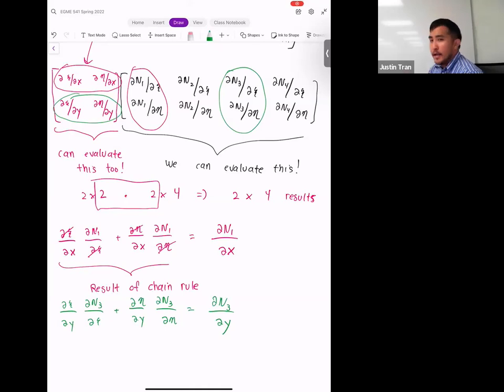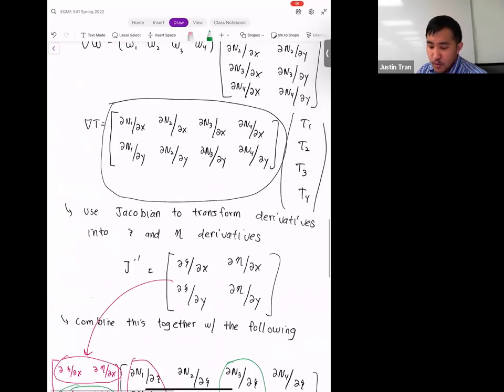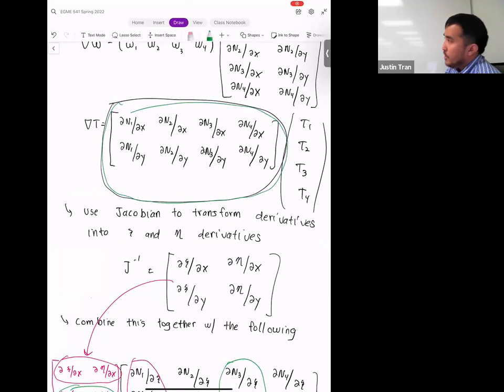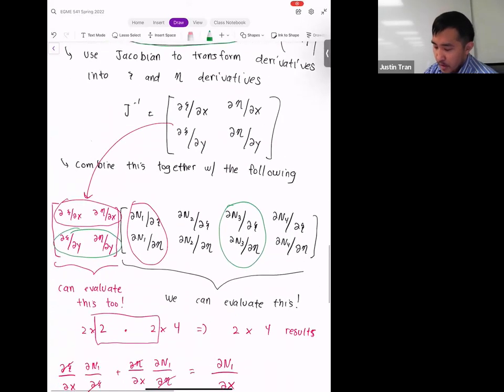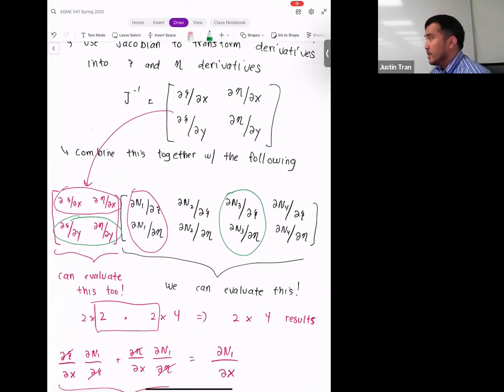And so what we can say is that this multiplication of these two quantities, the Jacobian inverse and the shape function derivatives in the parent coordinates, actually gives us exactly what we want. Because where we started was up here: we wanted a matrix, in this case a 2x4 matrix, which was the shape function derivatives in the physical coordinates. We can achieve that same thing by multiplying these two matrices.